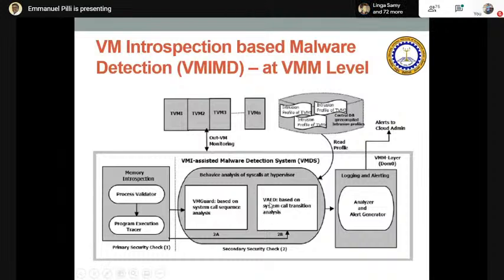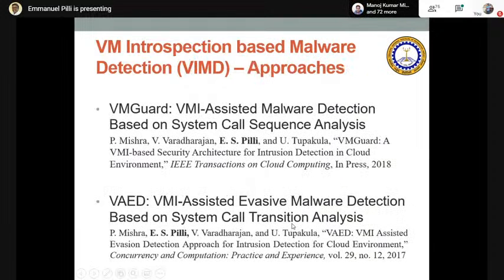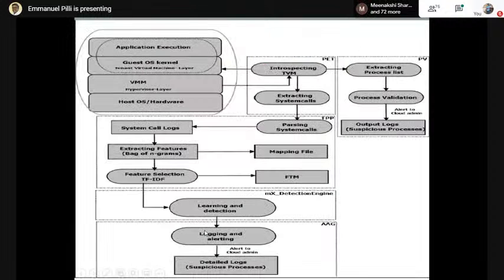There is another paper called WAID, which is based on system call transition analysis. Here it is sequence analysis, and here it is transition analysis. These are the two papers, and one of them is published in IEEE Transactions on Cloud Computing. The other is published in Concurrency and Computation. Both approaches were accepted, and after that the student published the paper.